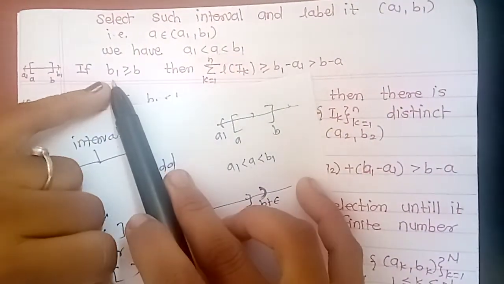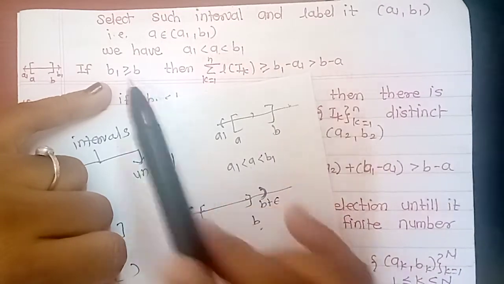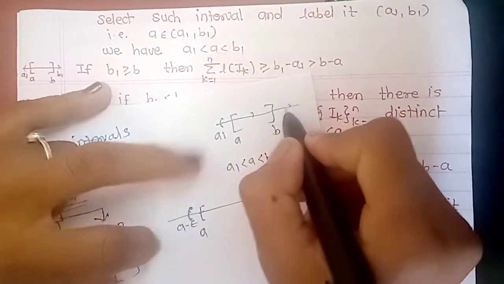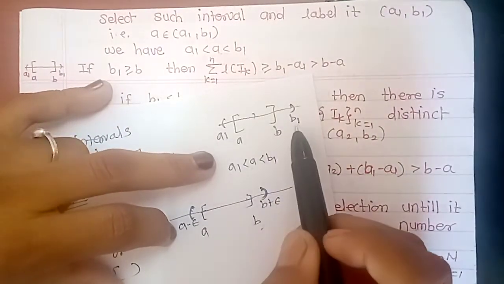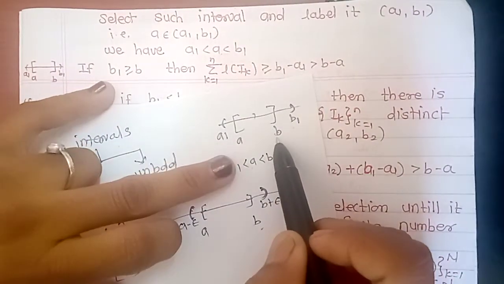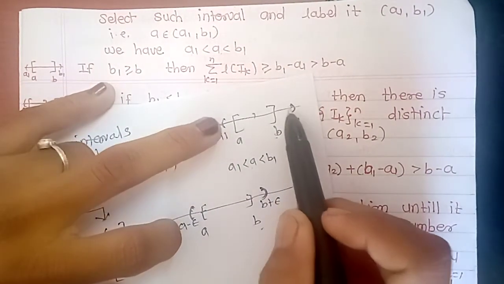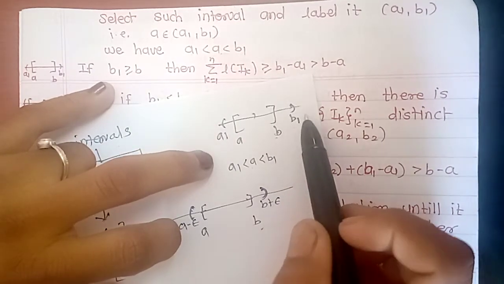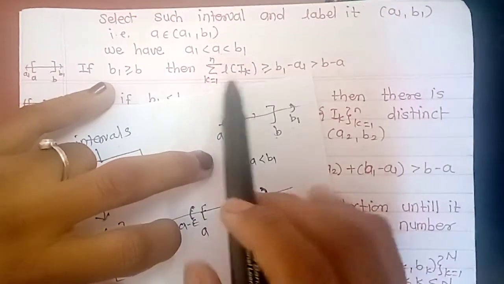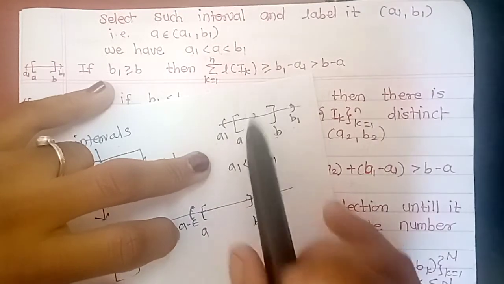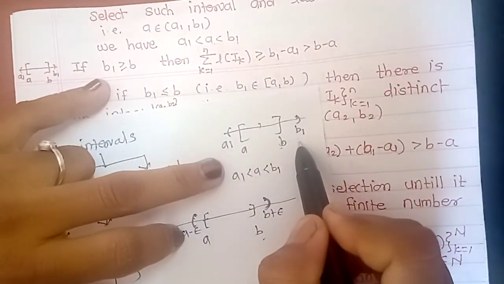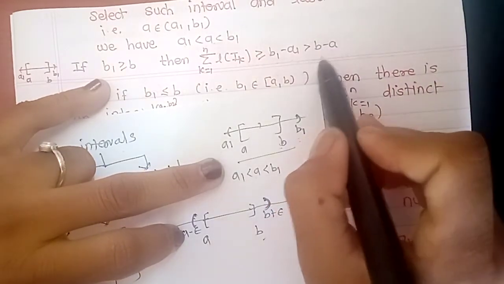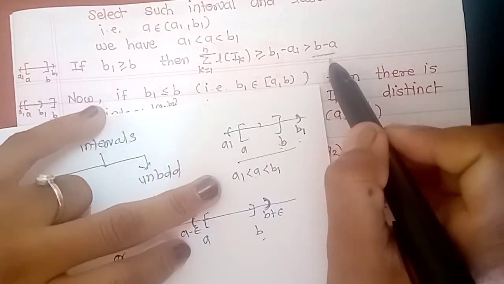Now what if b_1 is greater than or equal to b? Then this interval (a_1, b_1) forms a covering for [a, b], and there may be another set which also covers [a, b]. So the sum of lengths of I_k is greater than or equal to b_1 minus a_1, and it is trivially proved that it is strictly greater than b minus a.